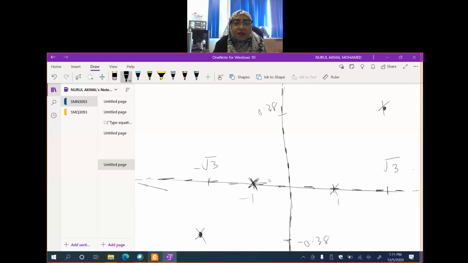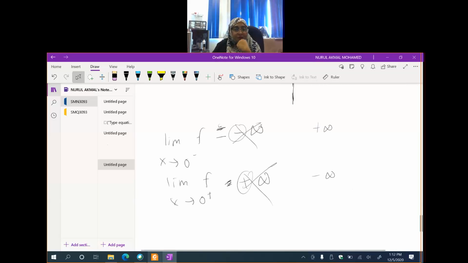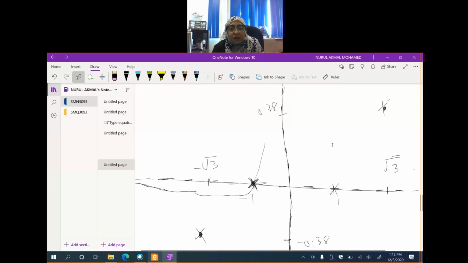It's coming from this negative infinity, and then it will intersect over here, x equal to -1. So this is the x-intercept, and then it goes up because of this value, the limit of f as x tends to 0 from the left is plus infinity. It goes up to this vertical asymptote. Okay, so this is the graph.